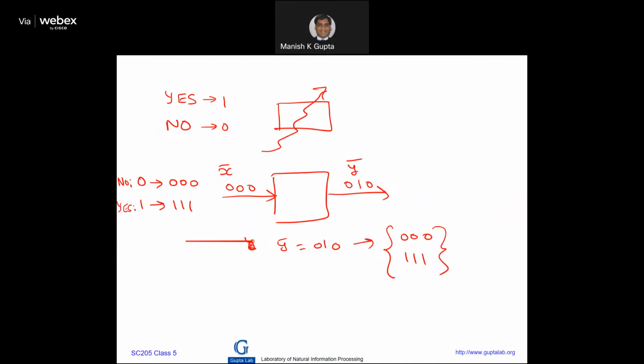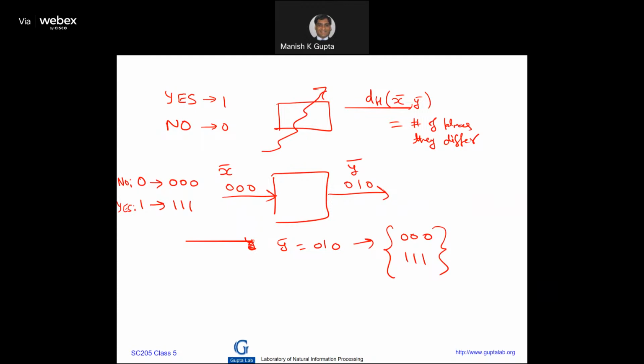This is a very crude analysis, comparing whether this was sent or this was sent. Whatever I am telling you, I can call it a distance. It's known as the Hamming distance between two vectors x comma y, which is the number of places they differ.